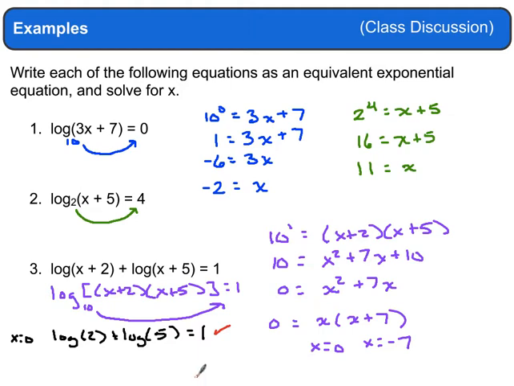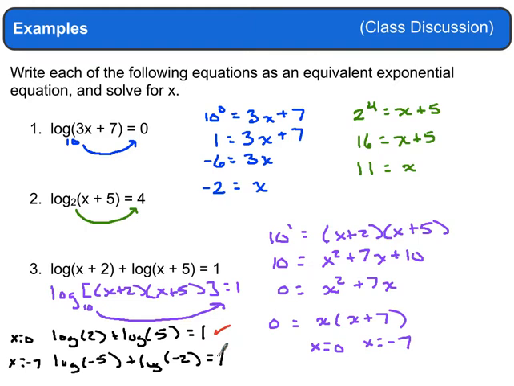And so if we try the other one, that would be for x equals negative 7. We would do log of negative 7 plus 2, which is negative 5, and then negative 7 plus 5 is negative 2. We want to know, does that equal 1?